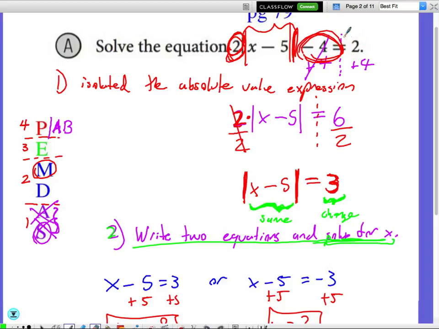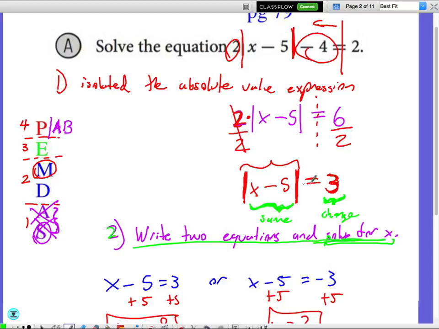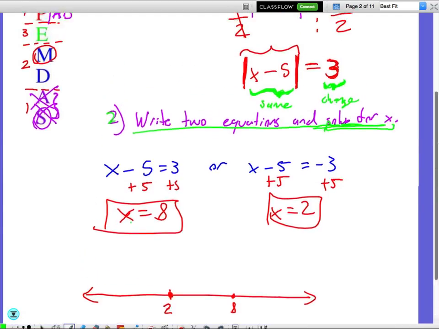You're just focusing on the side that the absolute value is on. Get rid of that 2. Get rid of that negative 4. Move it to the other side by using reverse PEMDAS. And once you have your absolute value expression isolated, that's when you go to step 2 and write 2 equations.